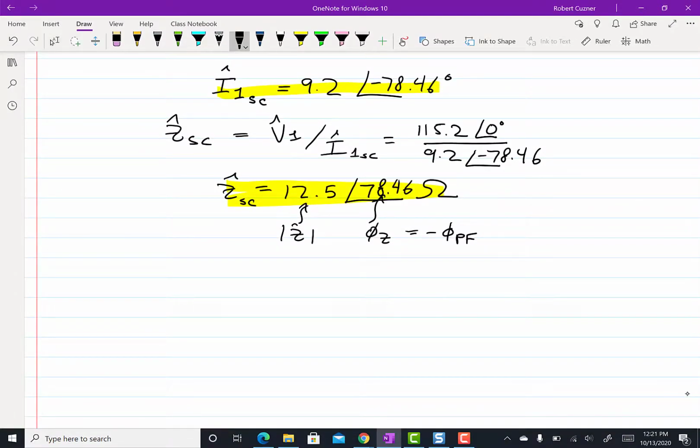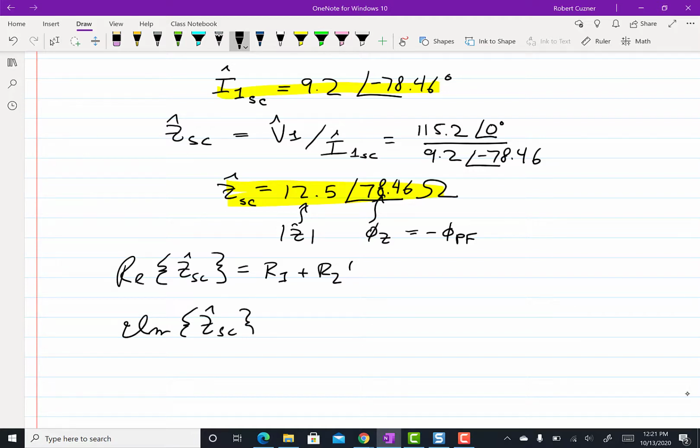It would follow then that the real part of this short circuit impedance is equal to R1 plus R2 prime, and the imaginary part is XL1 plus XL2 prime.